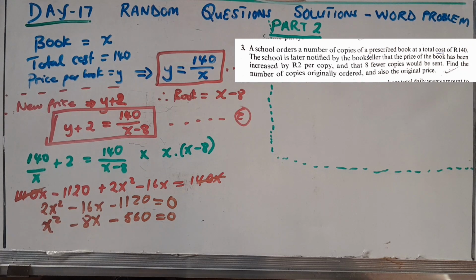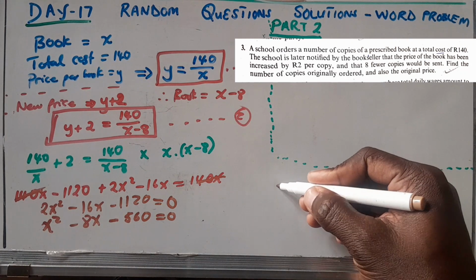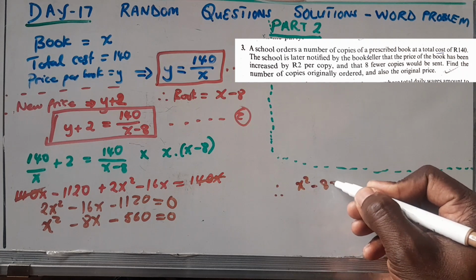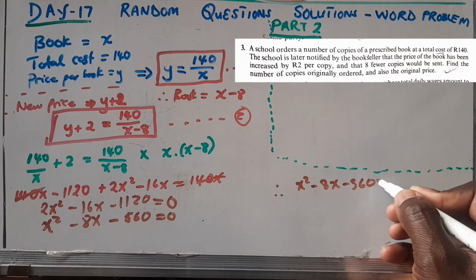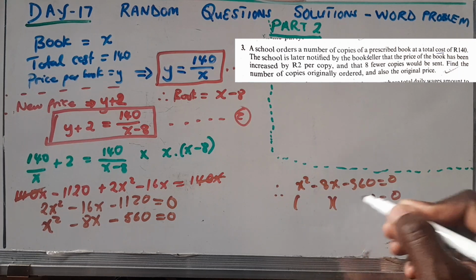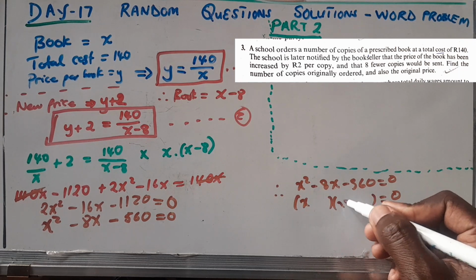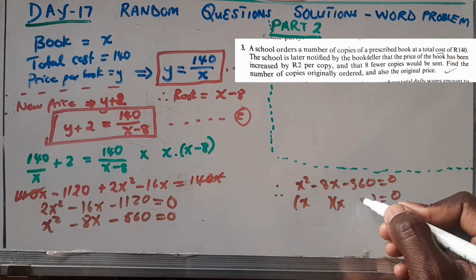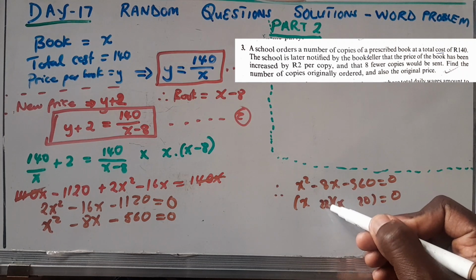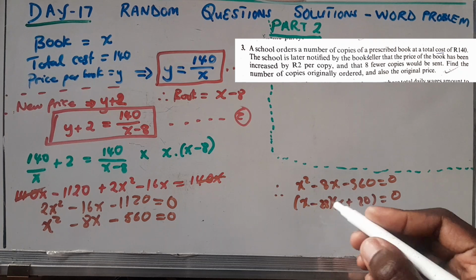So now let's try to solve this. Therefore, our x squared minus 8x minus 560 is equal to 0. And then we can factorize. So it's x, and then 20, and then 28, minus, plus.